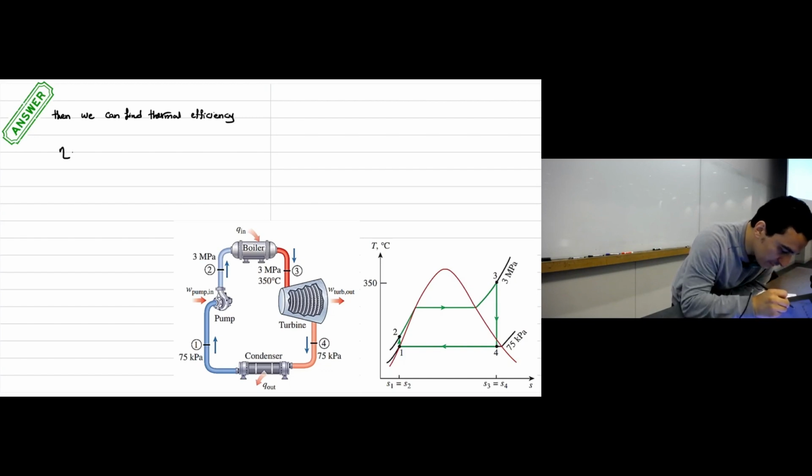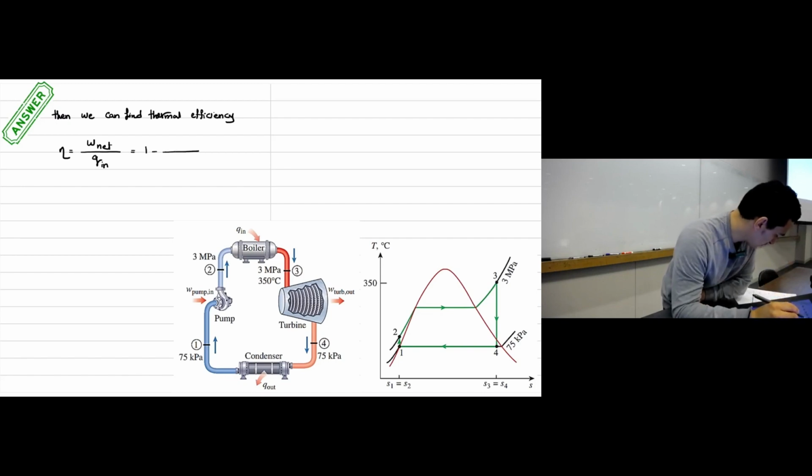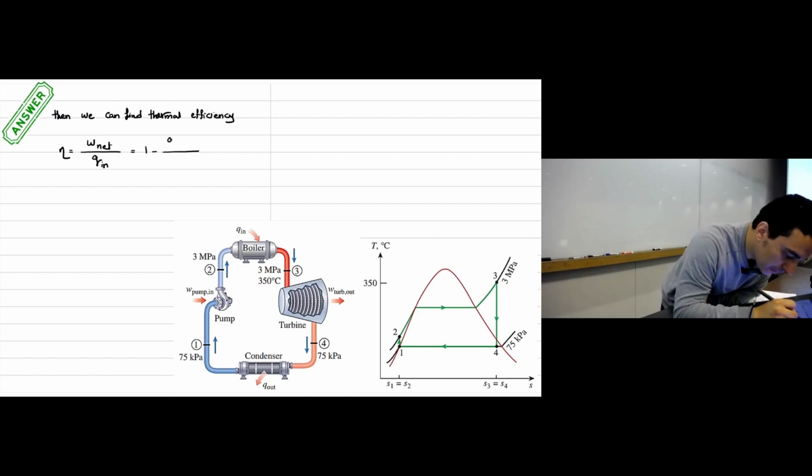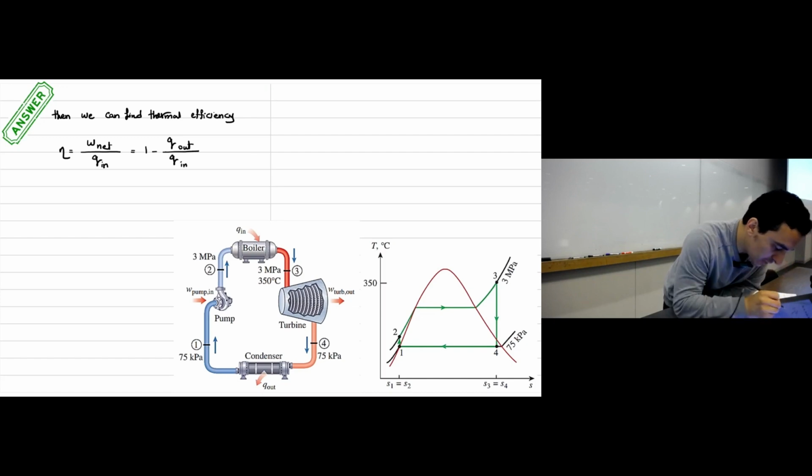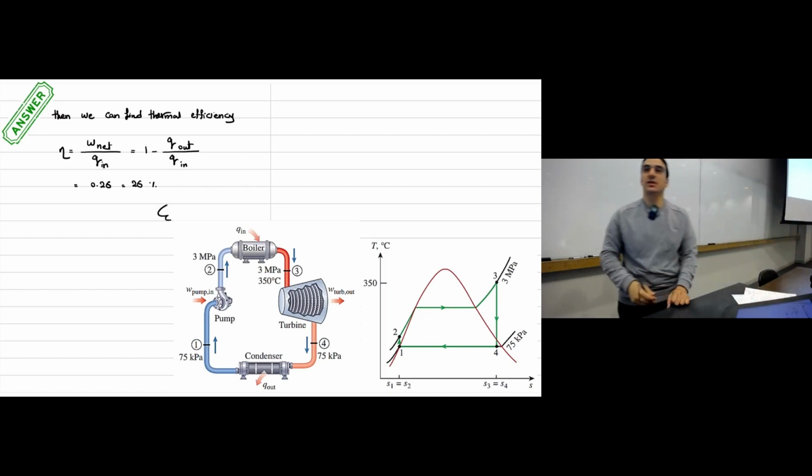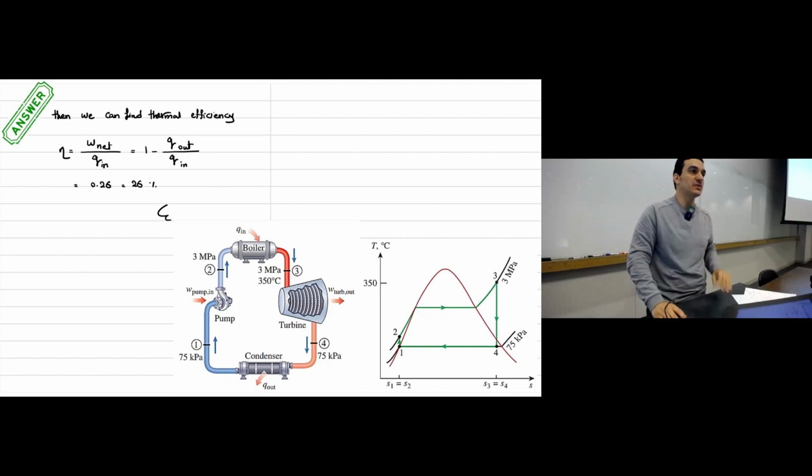So thermal efficiency, this one is the network divided by Qin, or 1 minus Q out divided by Qin, just any of the numbers that you have. So you will find the thermal efficiency will be 0.26, which is 26%. So this is the thermal efficiency of this Rankine cycle. So this is what we need to find at the end.